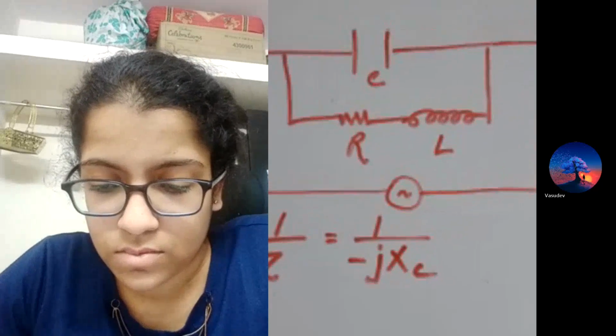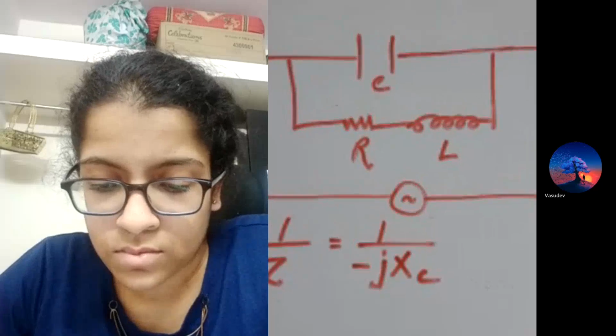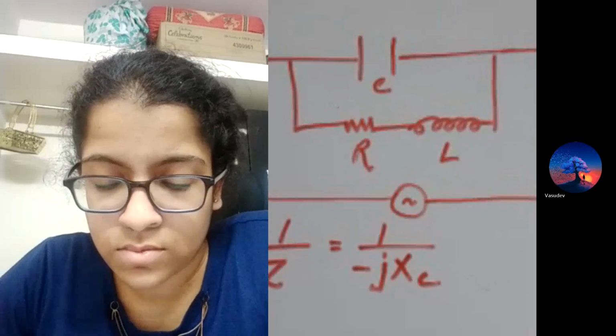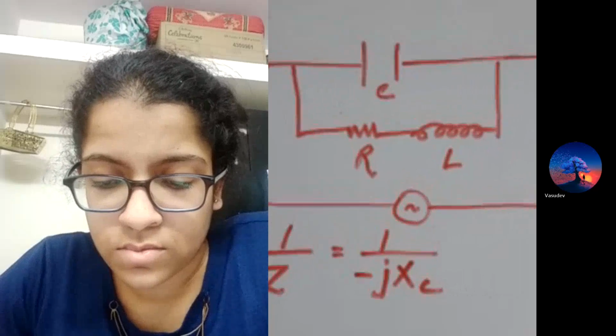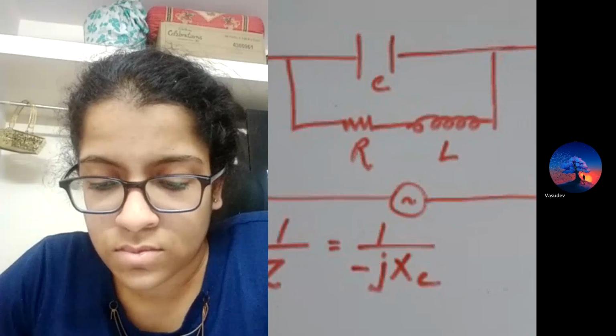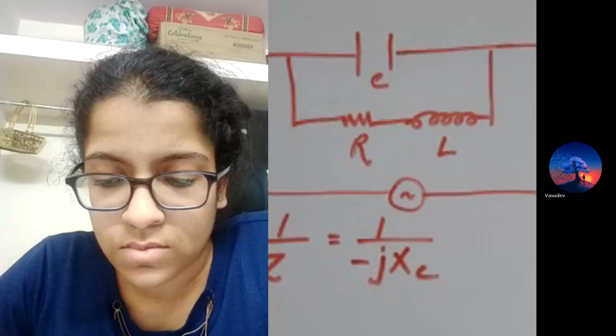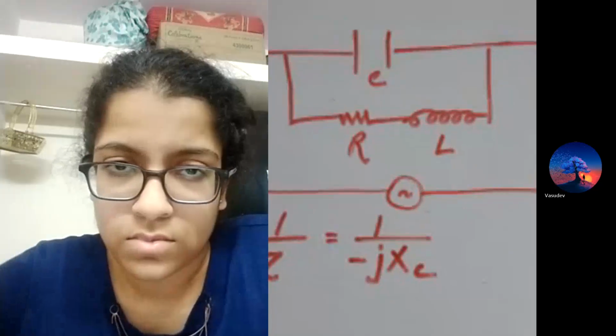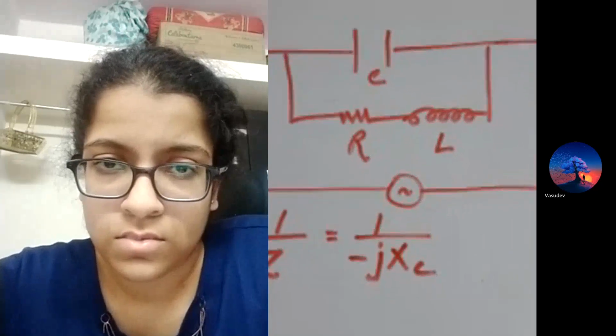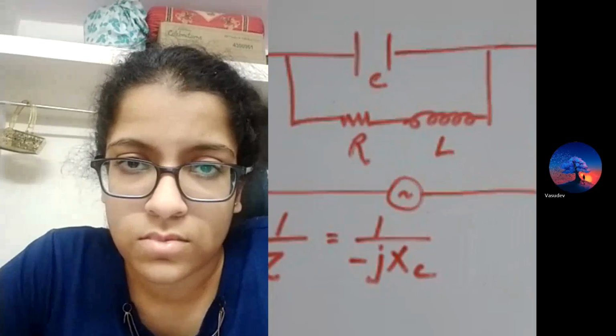It comes from the complex number Euler methodology. E raised to the power J pi by 2 means rotated anti-clockwise. Minus J pi by 2 means rotated clockwise. So if one I am to take clockwise, the other should be anti-clockwise.